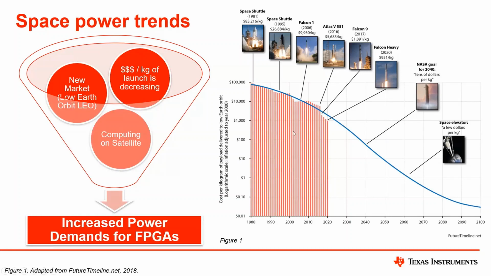The other vector we've been looking at, as many of you know, is a trend toward increased onboard processing, meaning more computing on a satellite. These are turning into higher grade, increasing power demands for FPGAs. So we'll discuss today how TI's portfolio of power management ICs can help you design with better power density and better efficiency.